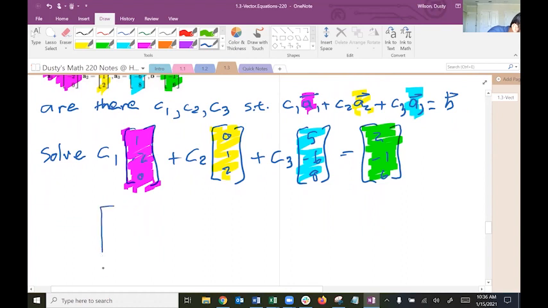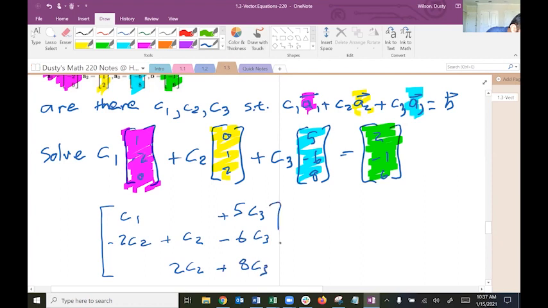This would be like saying you have C1 minus 2 C2 and 0 C3, plus C2, 2 C2, plus 5 C3, negative 6 C3, plus 8 C3, equals 2, negative 1, 6.